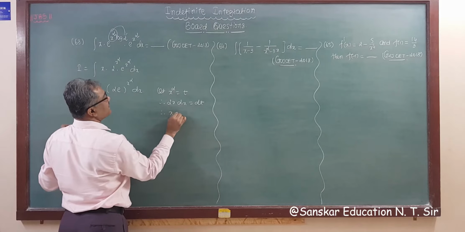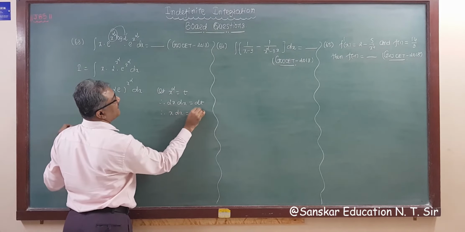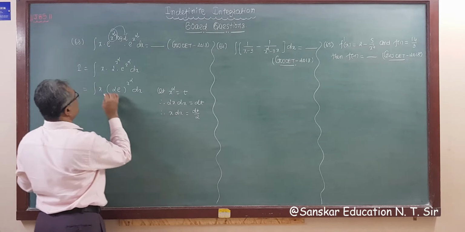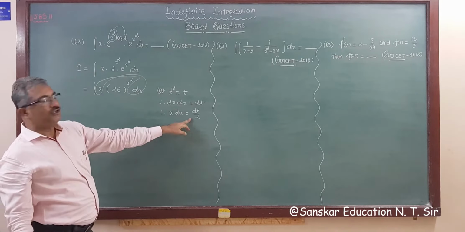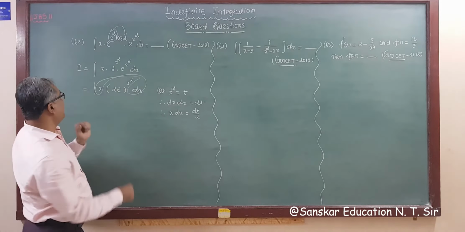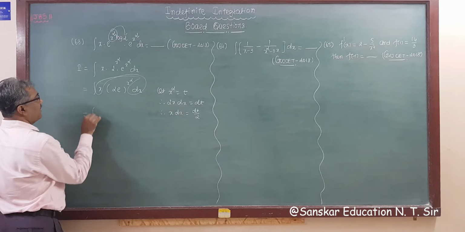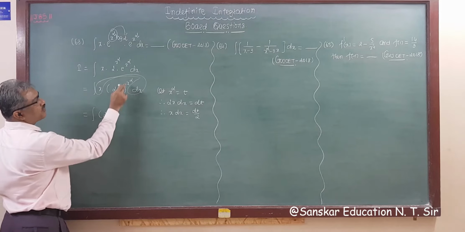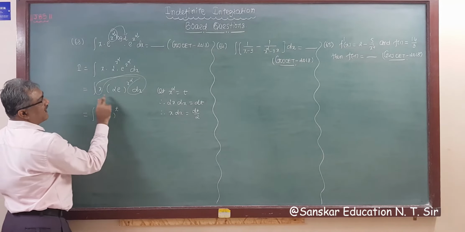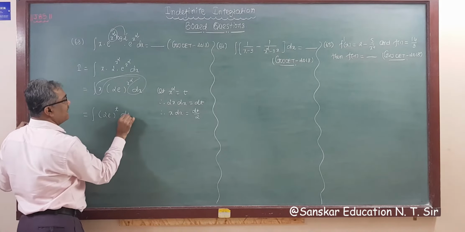So x dx is dt by 2. So this x dx is dt by 2 and this is twice e raised to t. So I will be integration twice e raised to t and this everything is dt by 2.